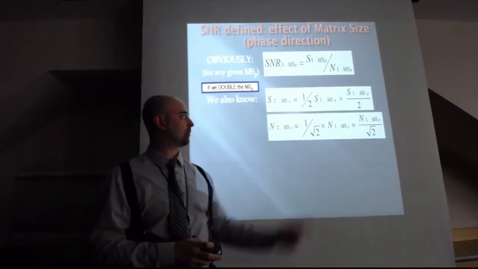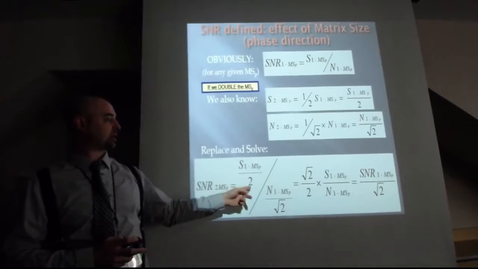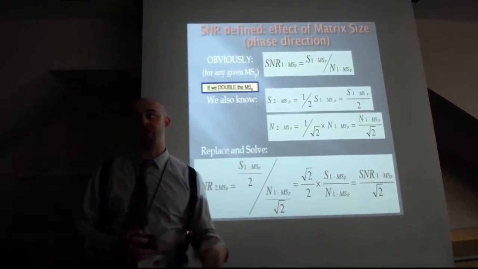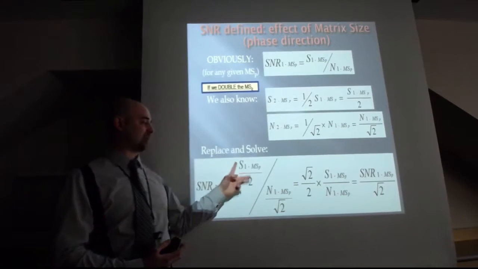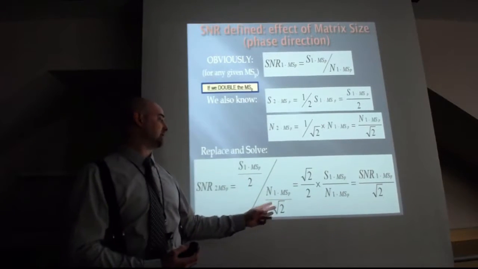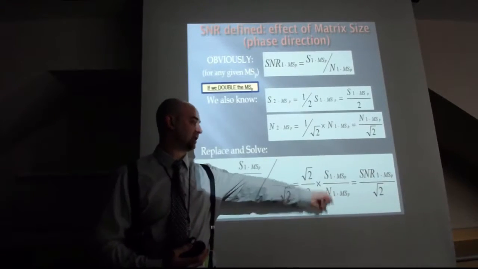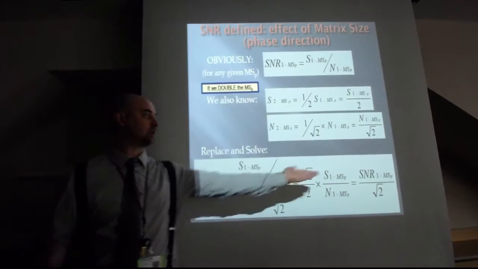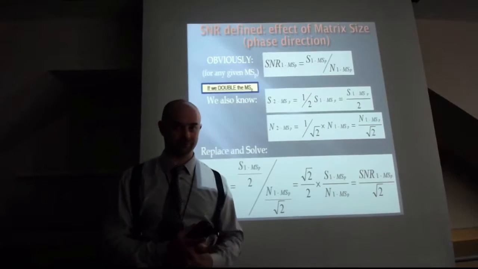Right? So it's going to be over radical 2. Now when you replace and solve this, you end up with the signal divided by 2, the noise divided by square root of 2. In order to get rid of this, you multiply both the numerator and the denominator by square root of 2. They cancel here, and you end up with square root of 2 over 2 times the signal to noise ratio, which simplifies to signal to noise ratio divided by radical 2.